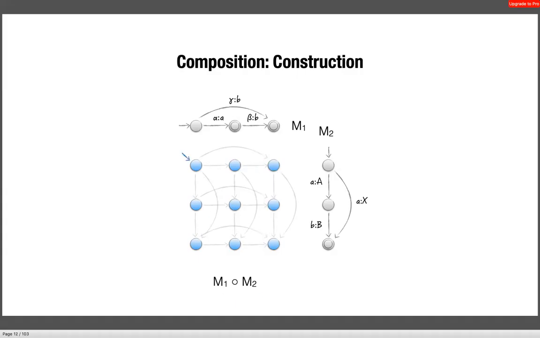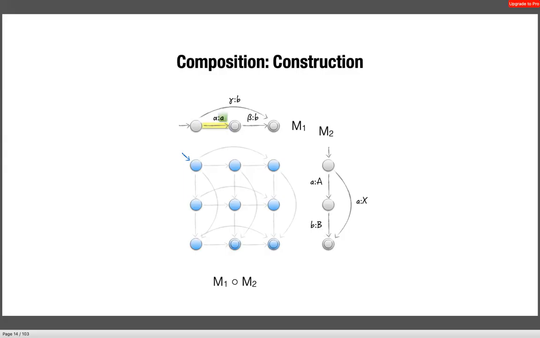Now let's step through each possible transition in M1 and the corresponding transition in M2 and look at what the resulting transition would be in M1 composed with M2. This is the start state, denoted by this blue arrow. And here you would set these to be final states, because these are final states in the individual component machines M1 and M2.